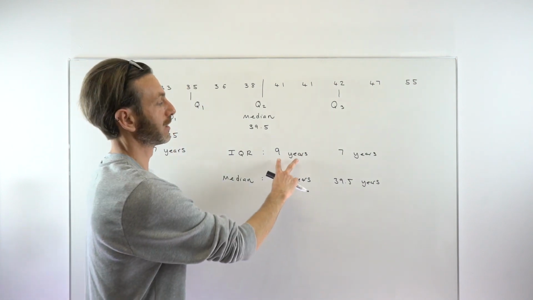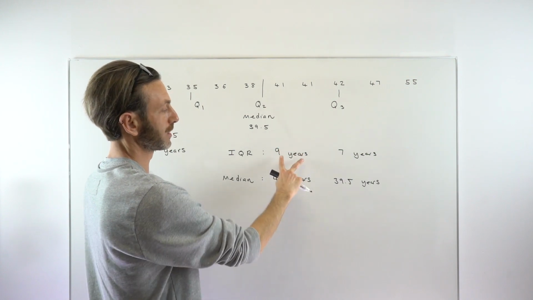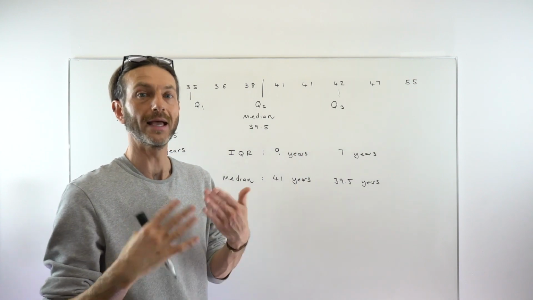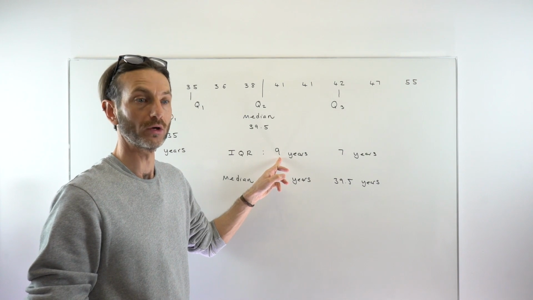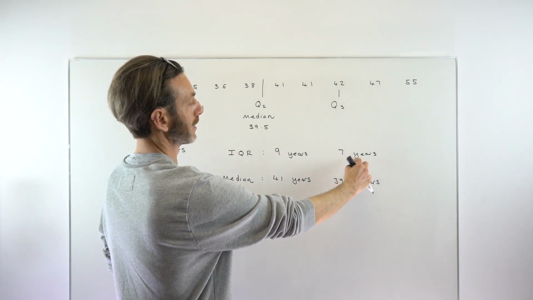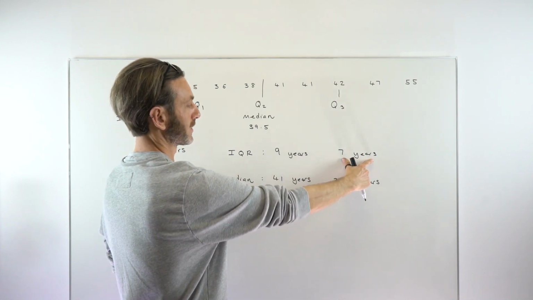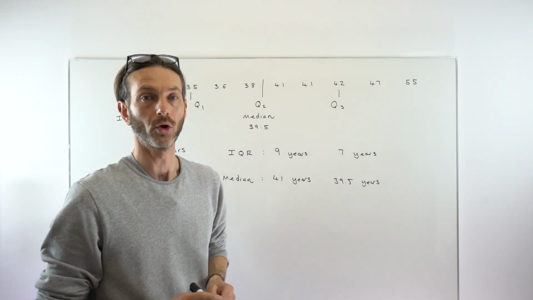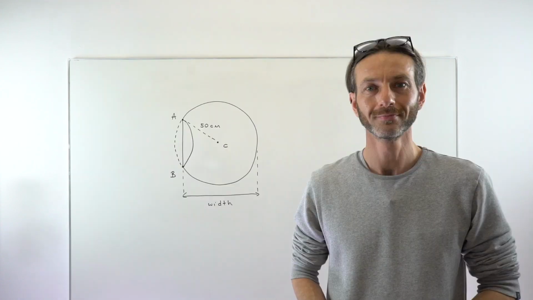So what we could say here is that for the newspaper, which is this group here, because the number is higher, there's a greater spread or less consistent ages of the readers. Or you could put it the other way, and you could say that for the magazine, because it's a lower number than the 9, it's either a more consistent age of the readers or less spread of the age of the readers.